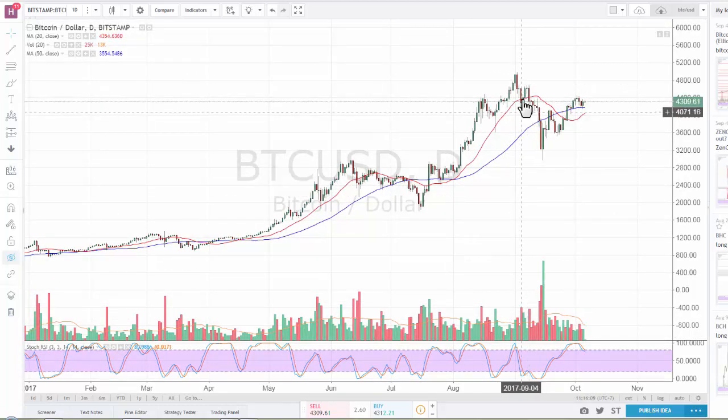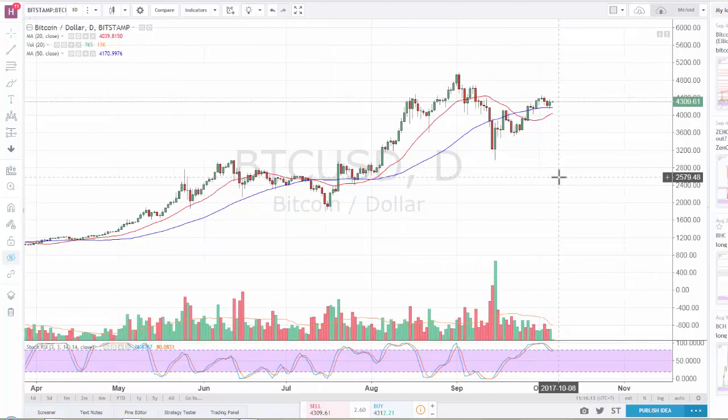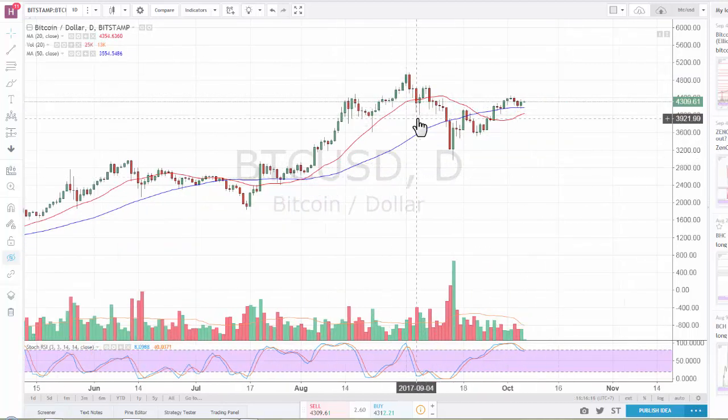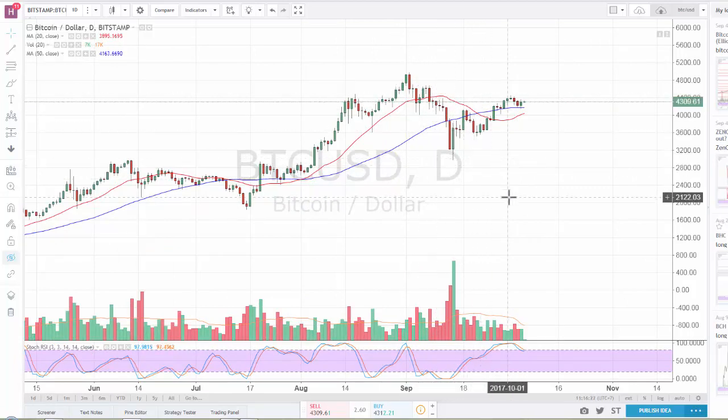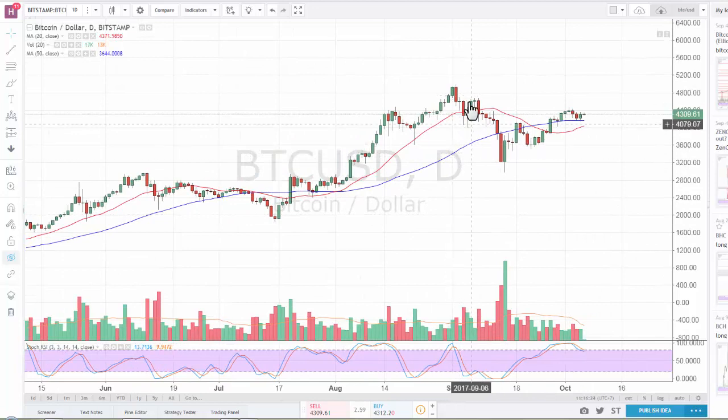This one here, some people are saying that this is an ABC correction. From here, ABC, this cannot be an ABC correction because it doesn't meet the requirements.